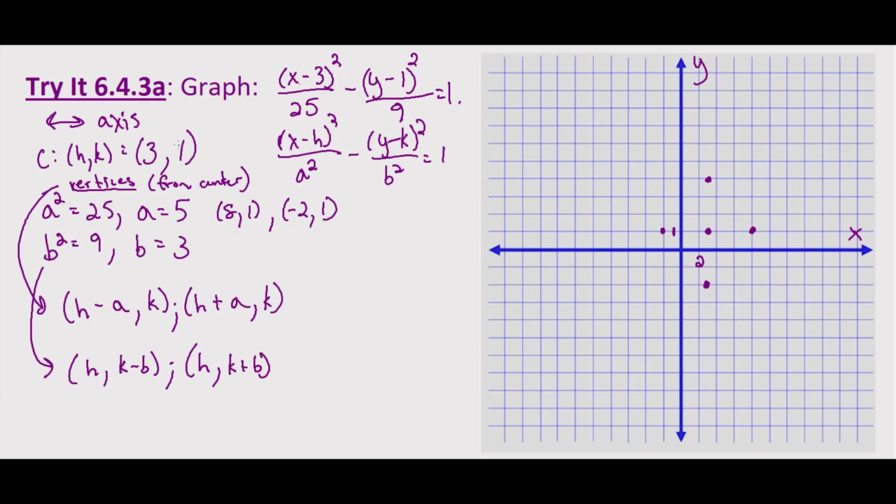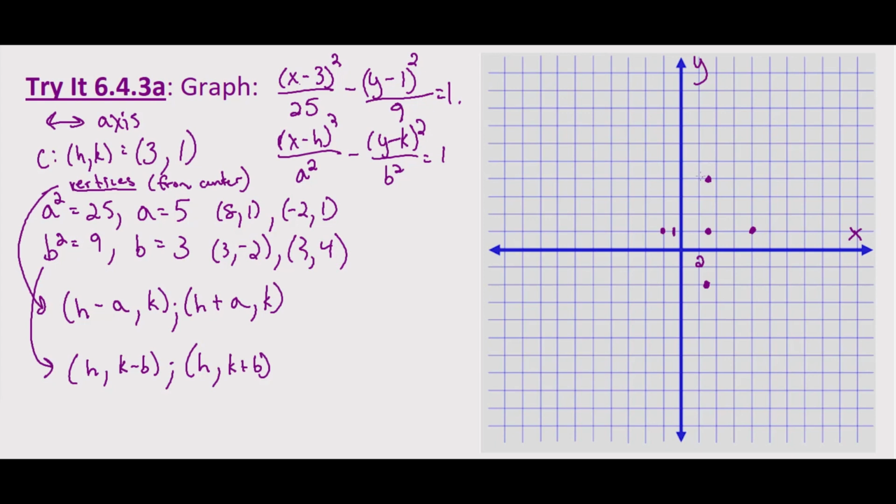Our h is just going to be the same each time, 3, and then 1 minus 3 is negative 2. And 3, 1 plus 3 is 4.